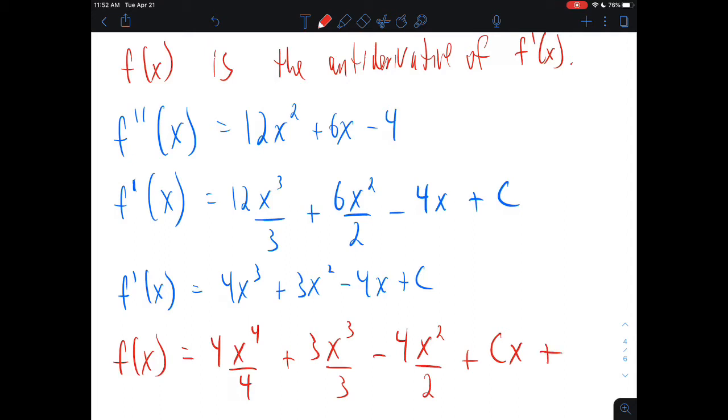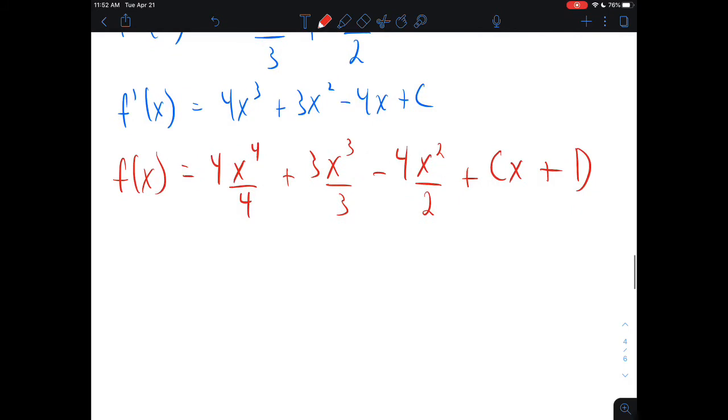And then I need another constant. And I don't want to use capital C, I need something to differentiate from it, so I'll say capital D. And then finally f of x, simplifying what we have, is x to the fourth plus x cubed minus 2x squared plus c times x plus d.